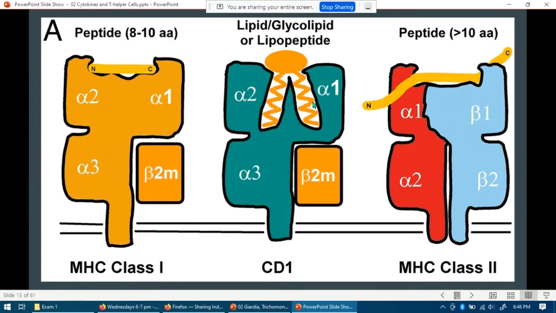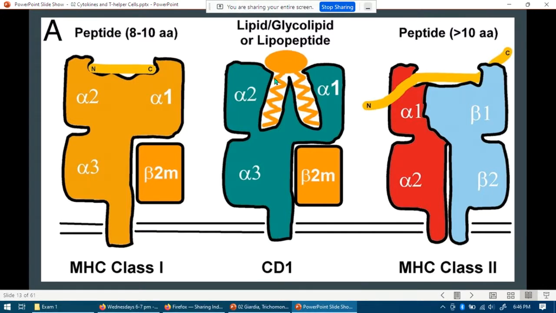Now we have CD1, which structurally resembles MHC1, but functionally more resembles MHC2. It has only one chain, and it associates with beta-2 microglobulin. And what it does is it doesn't bind to peptides, it binds to lipids, or glycolipids or lipopeptides.